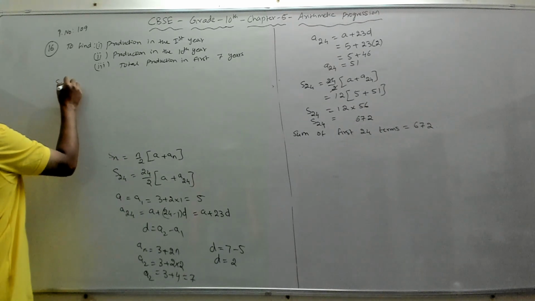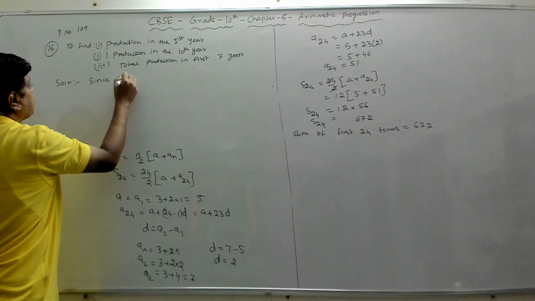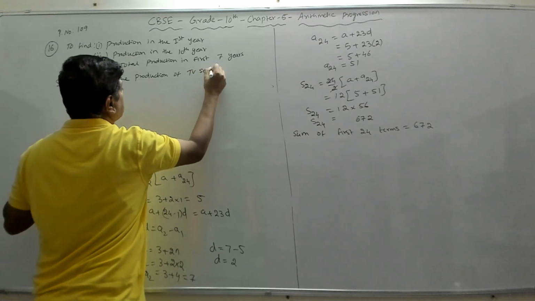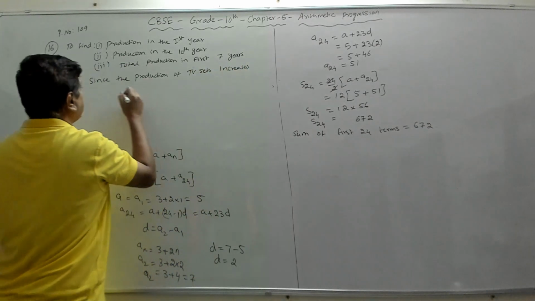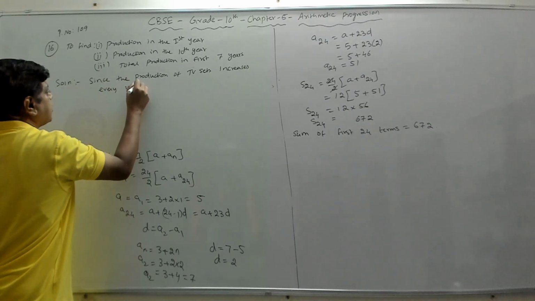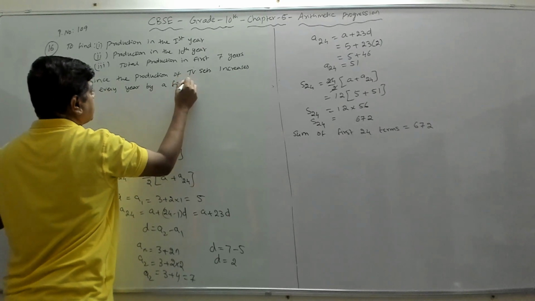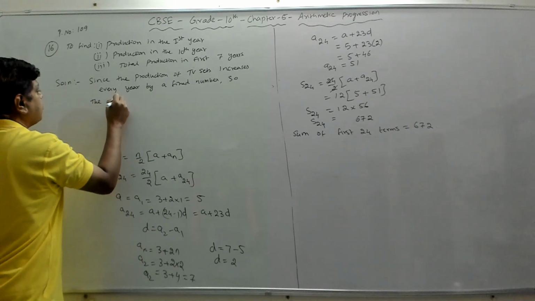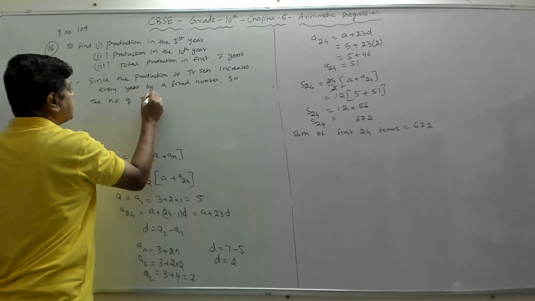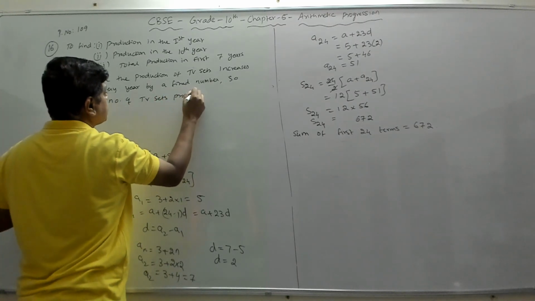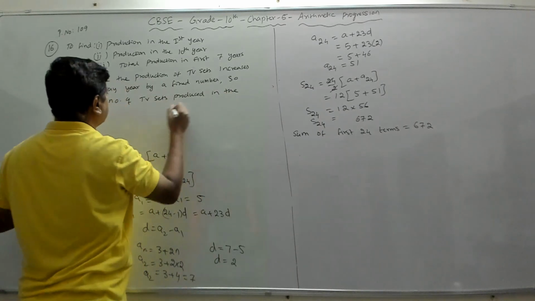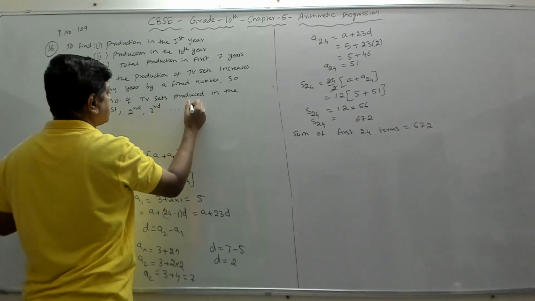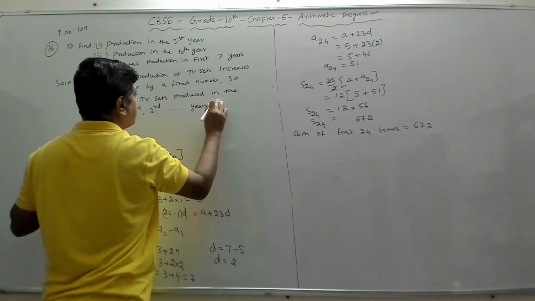So, the solution is: since the production of TV sets increases every year by a fixed number, the number of TV sets produced in the first, second, third years will form an AP.